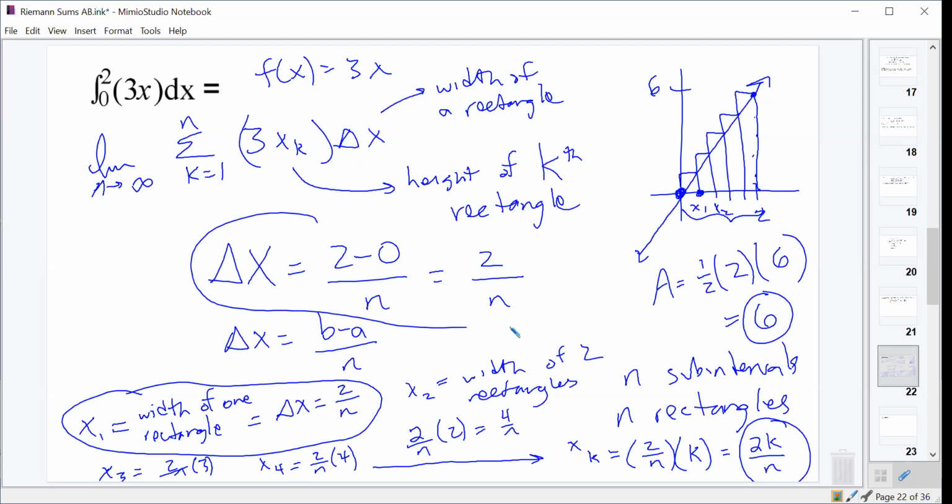Okay. So we now have a value for x sub k, and we have a value for delta x.